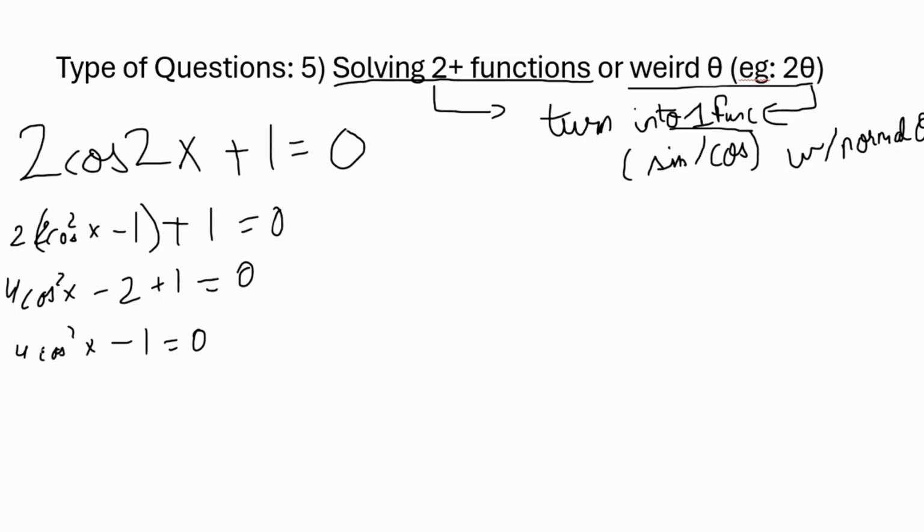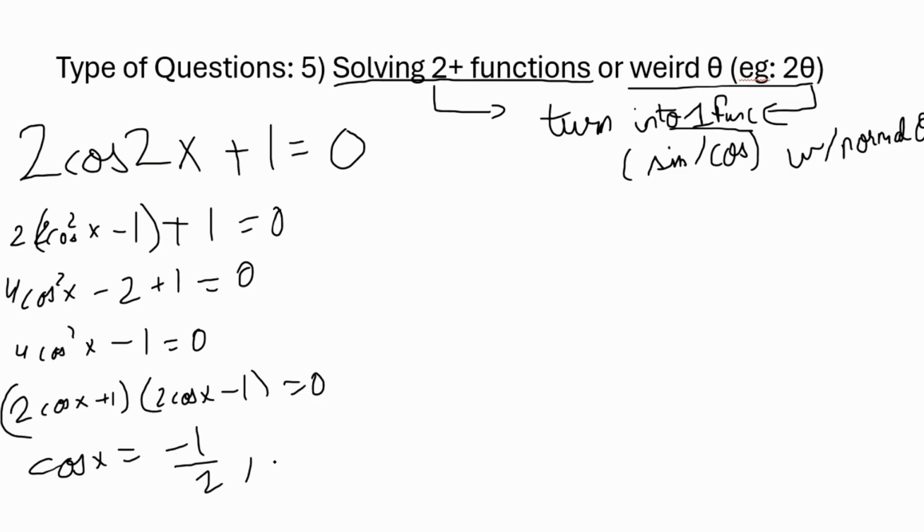And now you can do difference of squares. You get (2 cos x plus 1)(2 cos x minus 1) equals 0. Cos x equals negative 1 over 2 and positive 1 over 2.